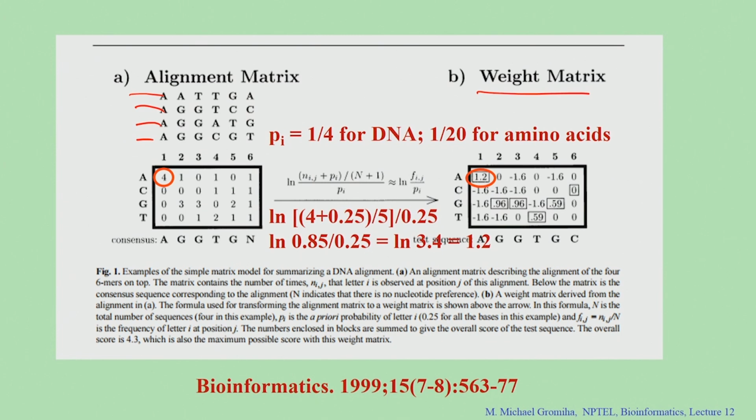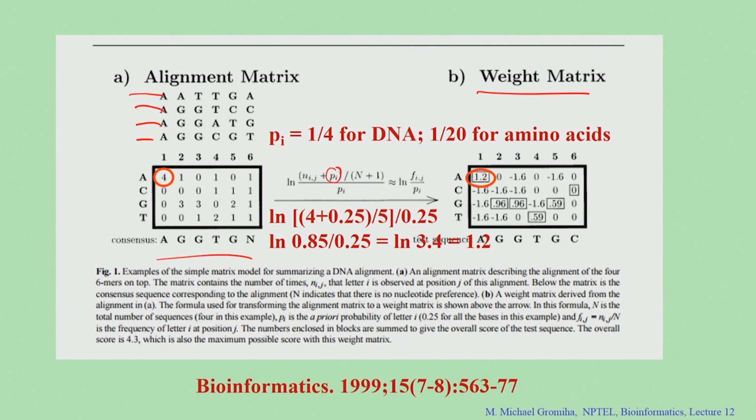Then you convert this into a score, into a weight matrix. If you look at this alignment, you can see the consensus here is A, this is G because it occurs 3 times, here G 2 times, and here everything has equal probability, so they put N. This is how they get the consensus. Here also they make a pseudo count, so they add to the probability.